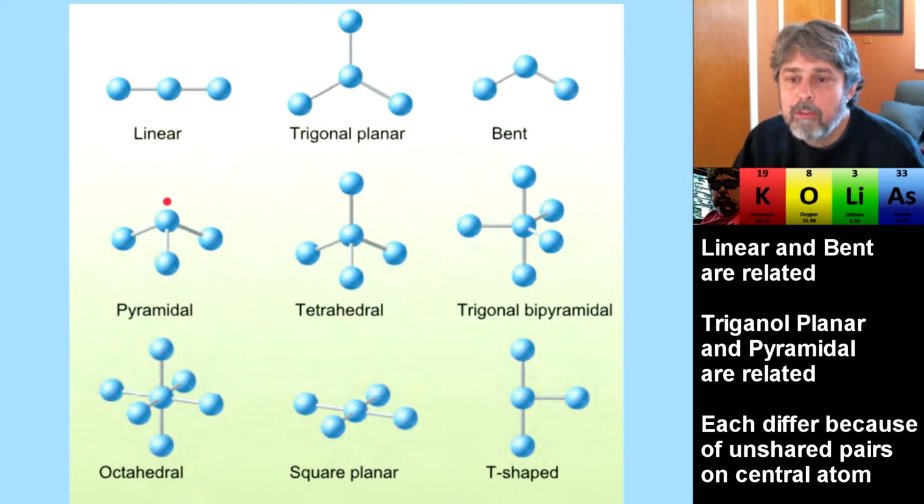These unshared pairs are bending down these other atoms, repelling them, repulsion. This trigonal planar one does not have unshared pairs, so there's no repulsion, so these atoms are simply going to be as far away as possible from the other ones. Here's the tetrahedral, 5 atoms total. We don't have to worry about unshared pairs, but they're all going to be in this shape.